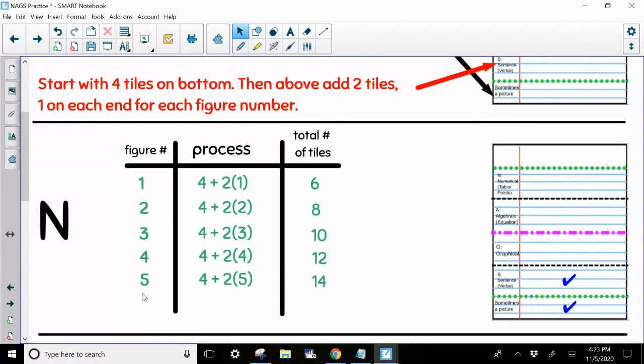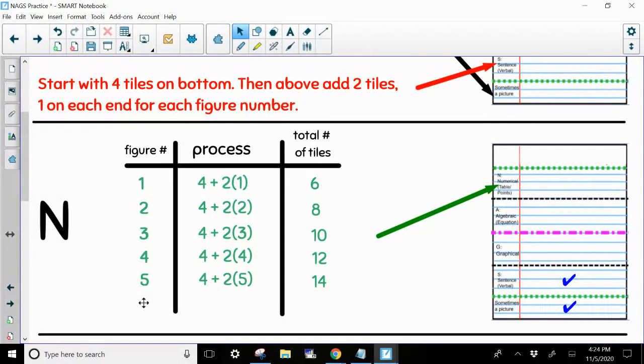Now beneath it, we can start preparing, and remember, this is all going to go up here. For numerical, as you could see, I already put the check marks next to the S there, so we're working on this part of our NAGS organizer. So we need to start labeling some of these.